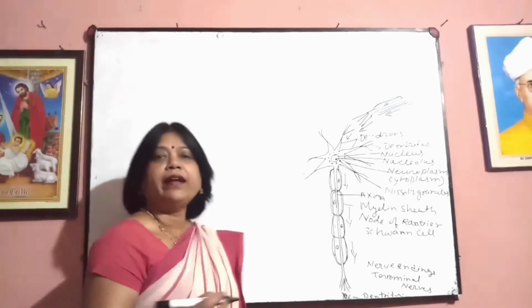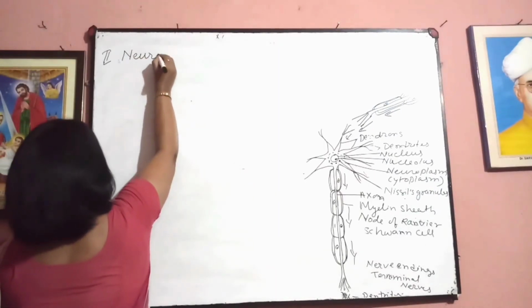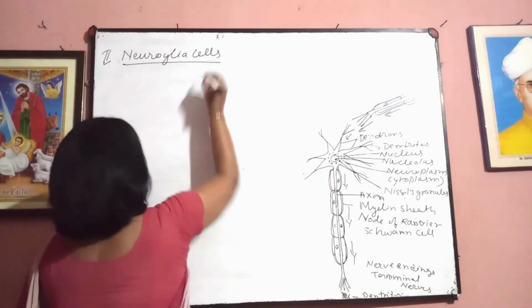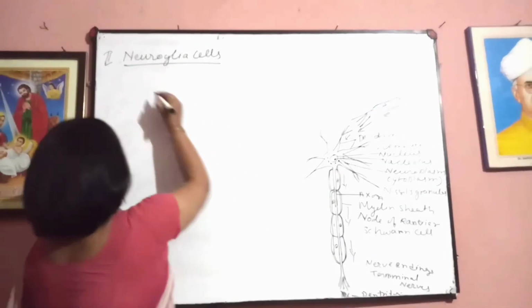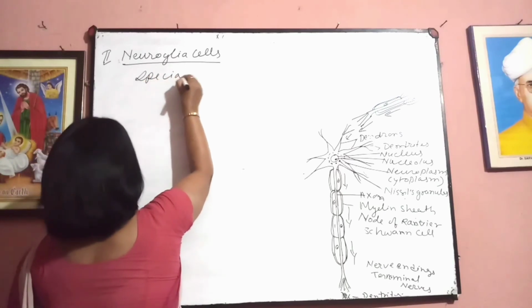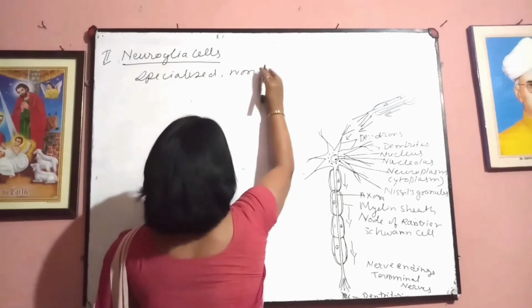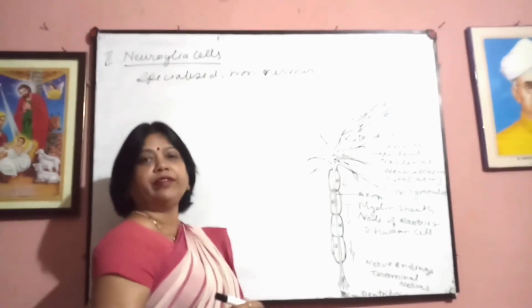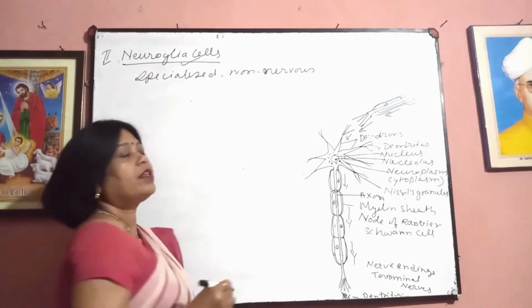Now, second, in the nervous system some specialized non-nervous cells are present which are called neuroglia cells.